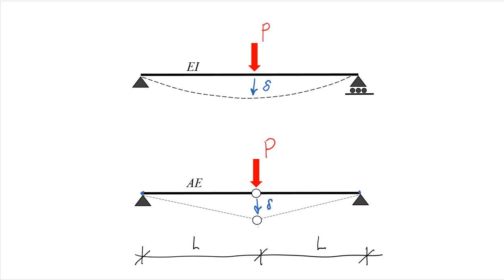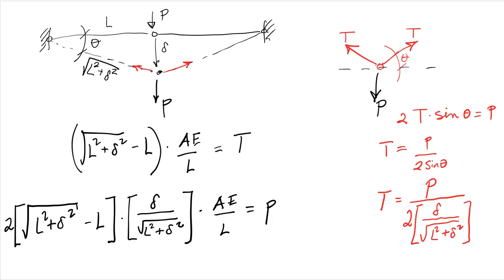Well, let's start by looking at the 3-hinge beam, or a catenary, elastic catenary. If we look here on the top left, we see the deformed shape with the vertical deflection delta in the center. We're going to denote each half length as L. And in that case, then the stretched length becomes square root of L square plus delta square.